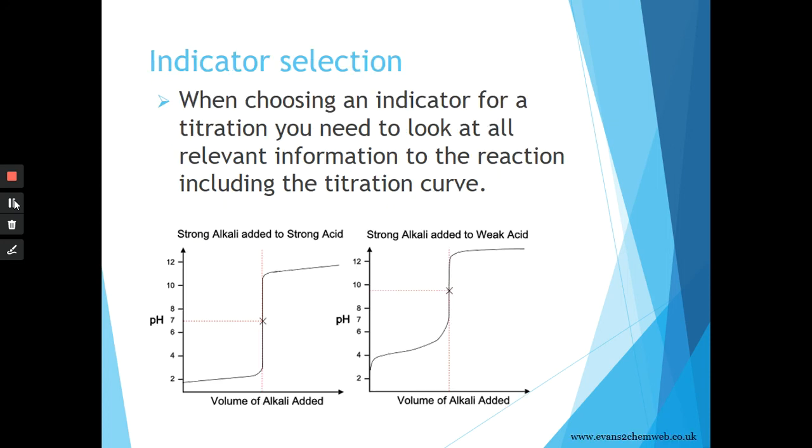So when we're choosing our indicator, we need to refer to our titration curves. What we've got here is the first two. The next ones are on the next page. So we've got our strong base and our strong acid in the first one. We can see that our strong acid initially was just below pH 2.